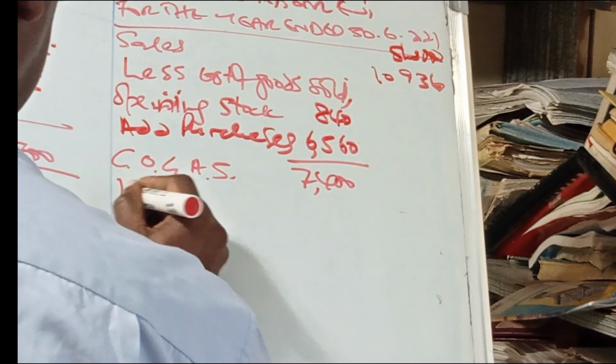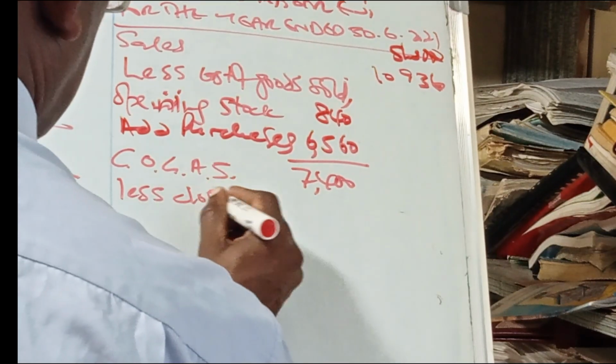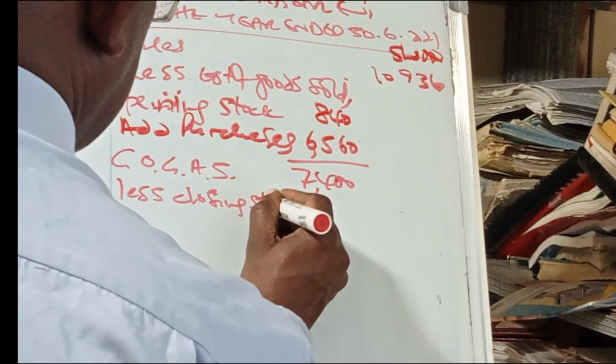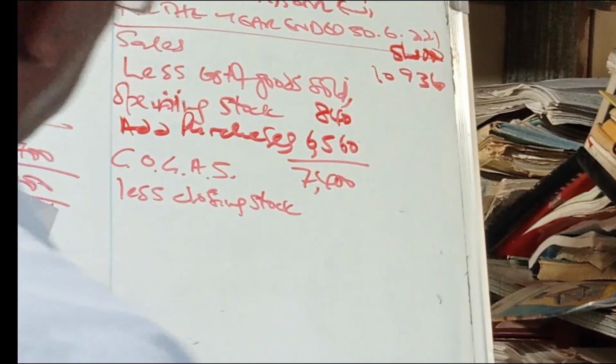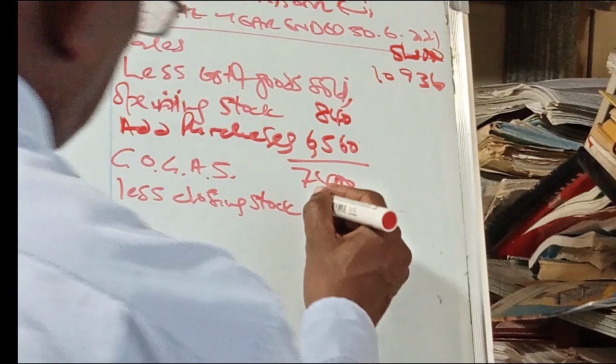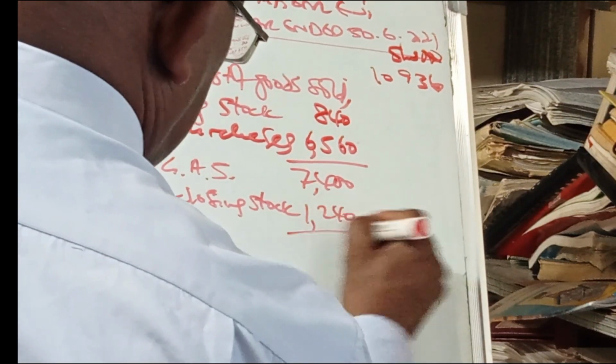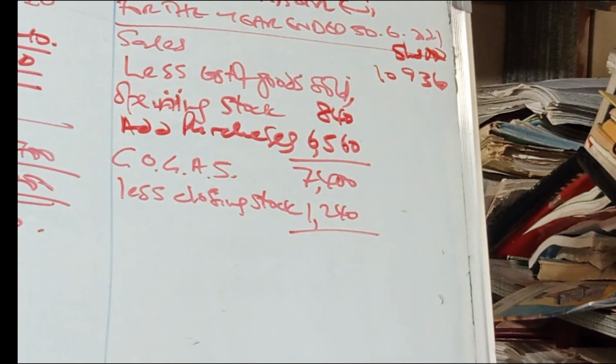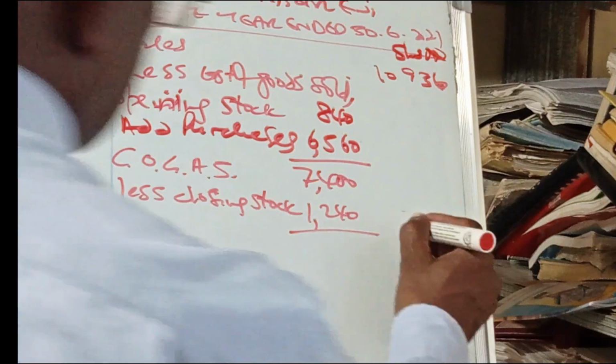So we less closing stock. I'm not writing in short form because of space. Our closing stock is 1240. 7,400 minus 1240, we get a figure of 6160.